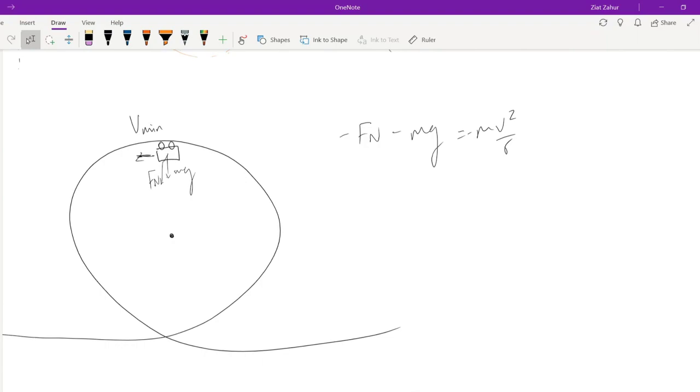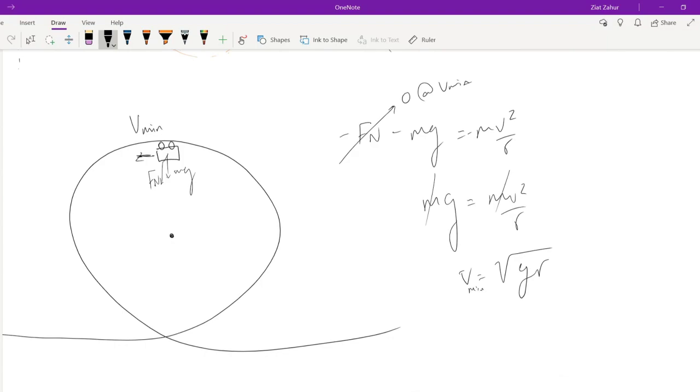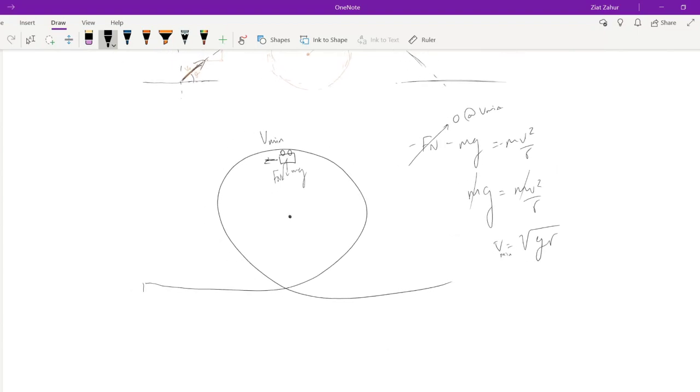And of course the minimum velocity happens when normal force is 0. And we get mg is equal to mv squared over r, and v is equal to the square root of g r. And so that was the minimum velocity that we need to negotiate this loop-de-loop without falling off.